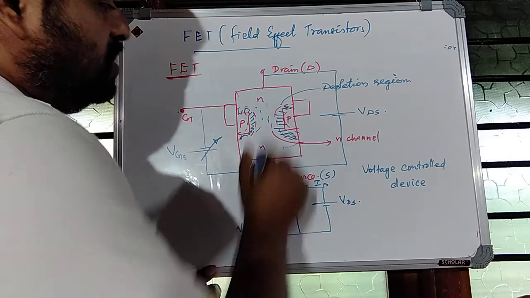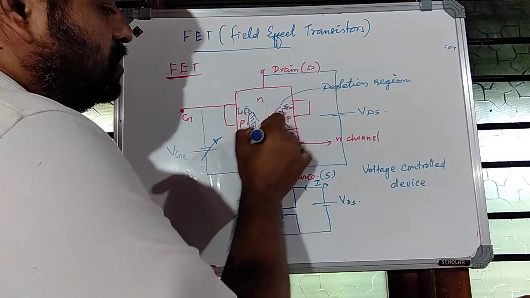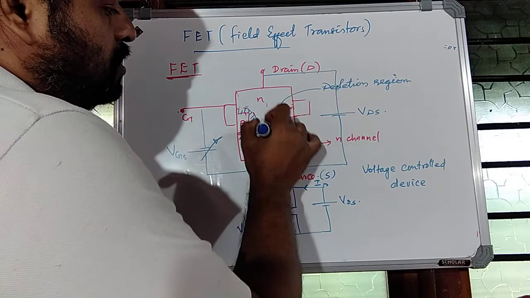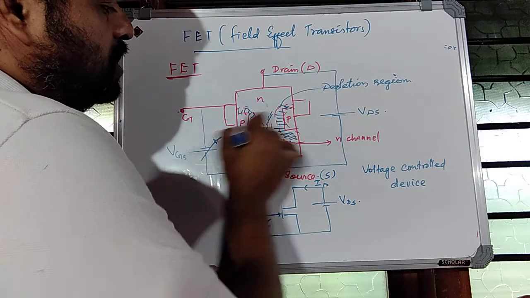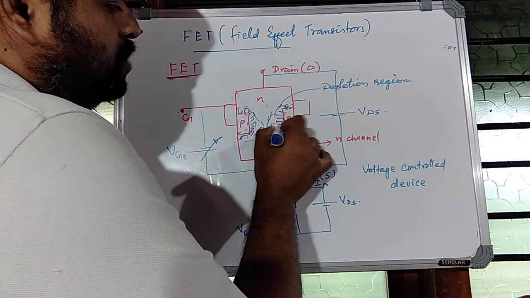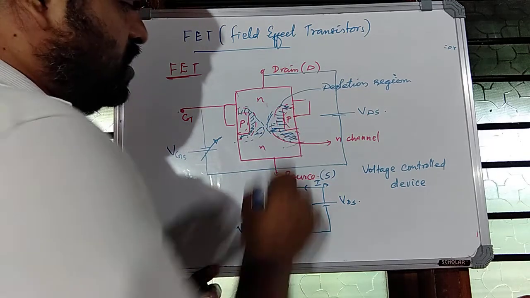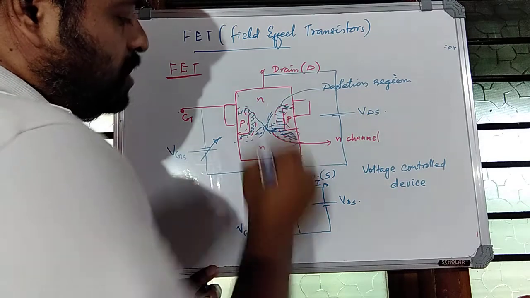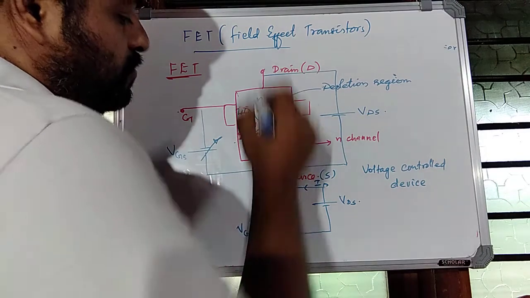So when VGS increases, depletion region width increases, and it will reach a particular voltage condition. These two depletion regions increase in width, and they will just touch at this point, and then the current becomes zero.